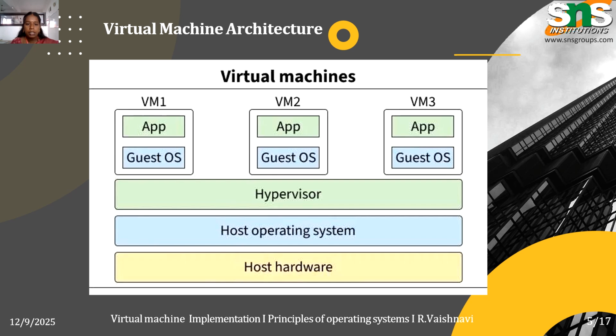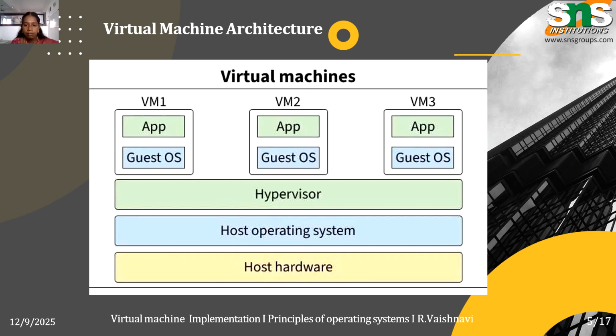Next one is the virtual machine architecture. We have the diagram for the virtual machine architecture. Below, we have the virtual machines. VM1 is one subpart of the virtual machines. Here we have a separate application and guest OS. Like that, virtual machine 2 has a separate application and guest operating system.